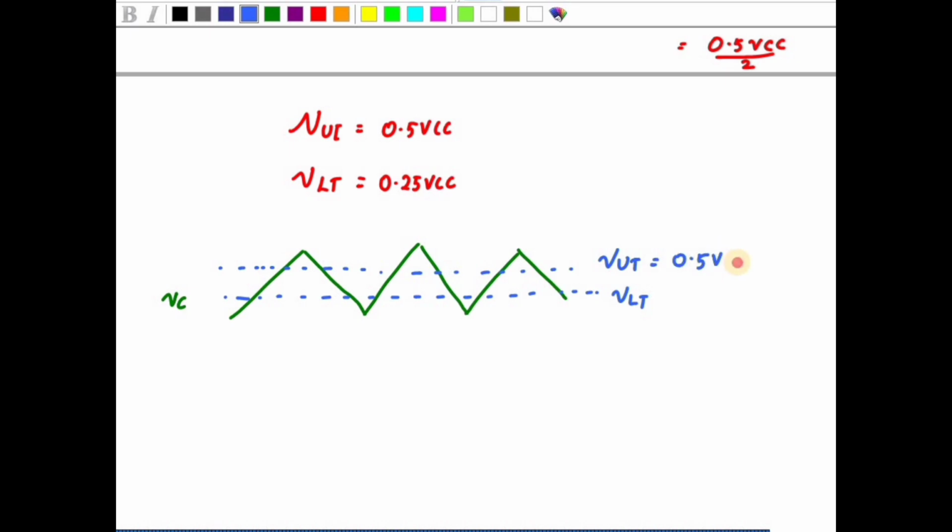VUT is nothing but 0.5 VCC and VLT is 0.25 VCC. So here you can see when the VC value is greater than the VUT value, my output goes to 0. Again, if the VC value goes below this VLT value, my output goes to VCC.